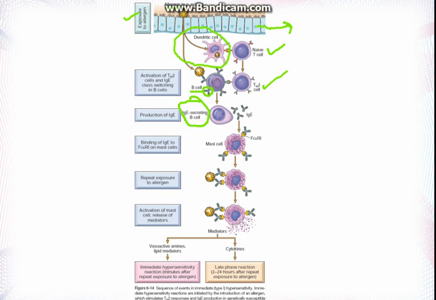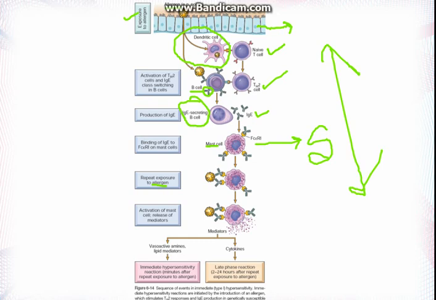Now, there is production of IgE. This is immunoglobulin E. This immunoglobulin E binds to the surface of the mast cell. Such a mast cell which has IgE bound to it is known as sensitized. This one is a sensitized mast cell, and on repeat exposure to that same allergen, now this whole part which we were seeing, this one is not necessary.